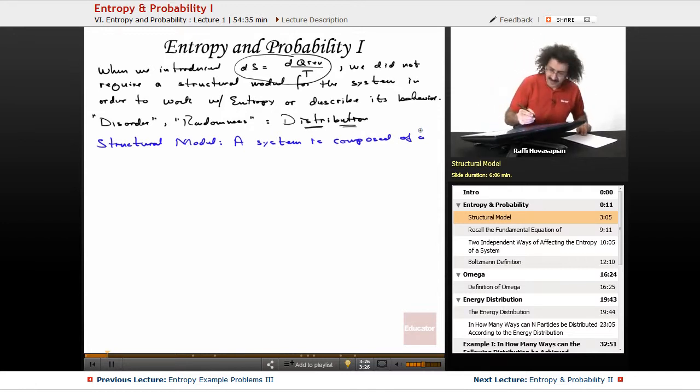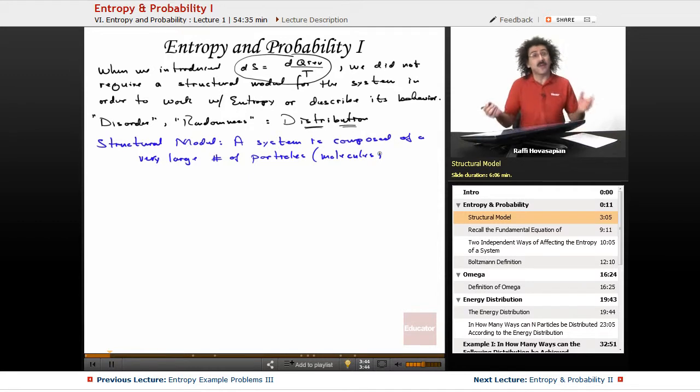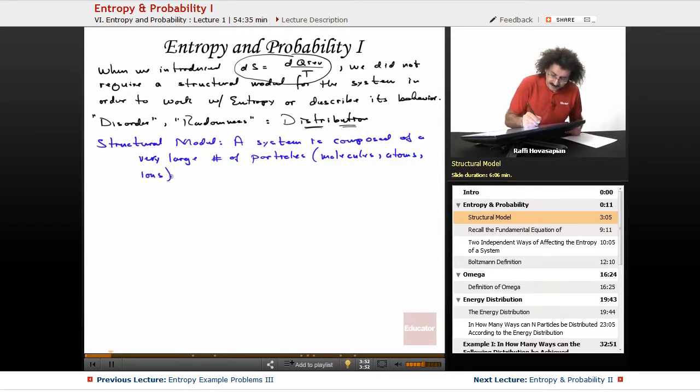That's it. And those particles could be molecules, they could be atoms, they could be ions, whatever it is that you happen to be discussing in that particular problem. So I'll write molecules, atoms, and ions.